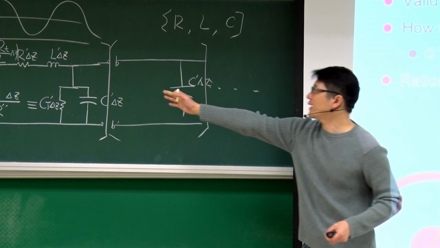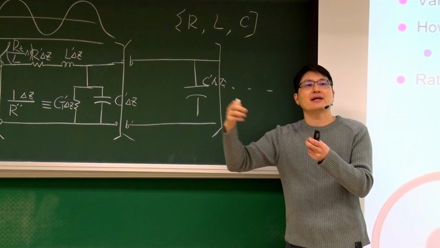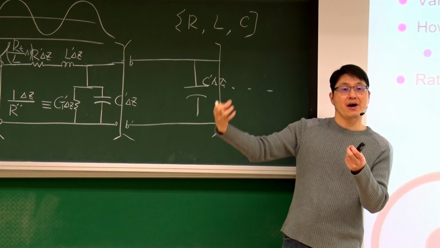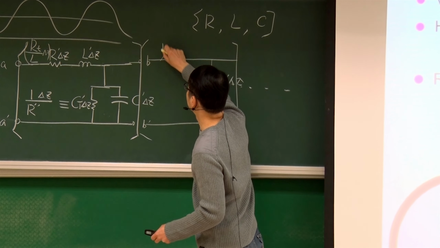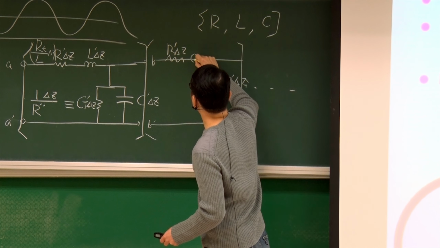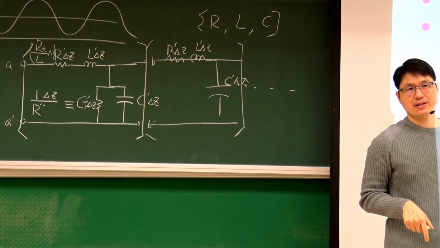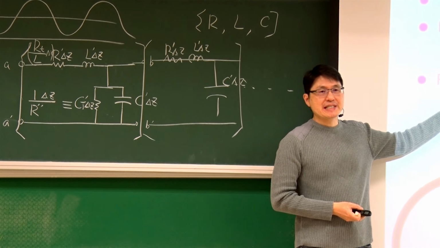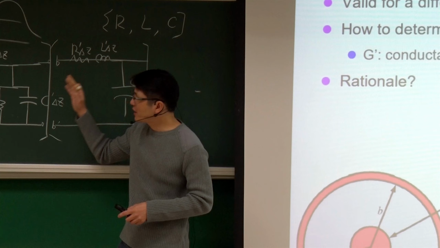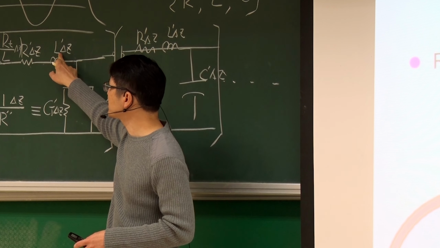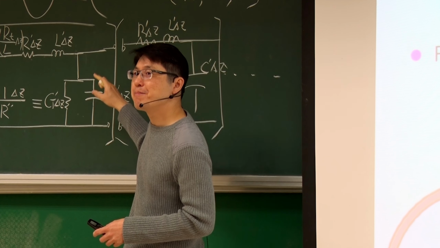If you connect 1,000 differential segments, eventually the C value all adds up as you connect one by the other. Resistors and inductors also add up in series. So this is the reason behind the equivalent model: you need to have resistors and inductors connected in series, but capacitors connected in parallel.